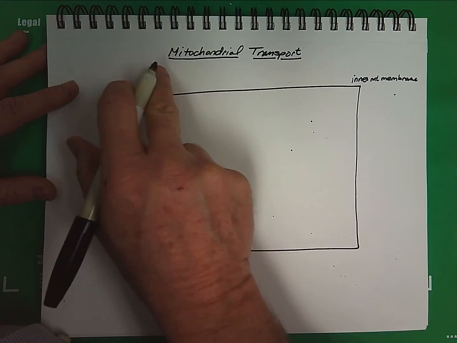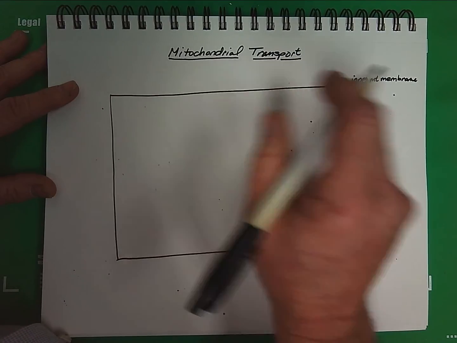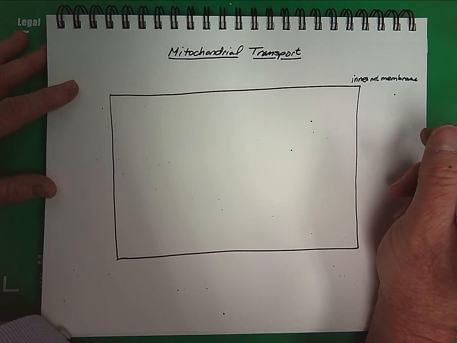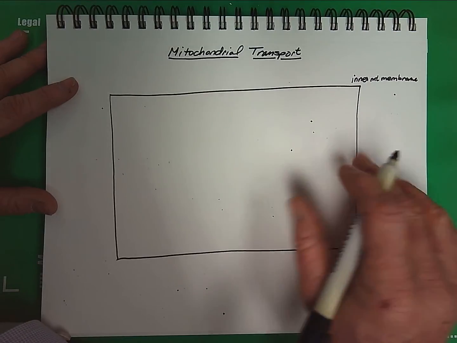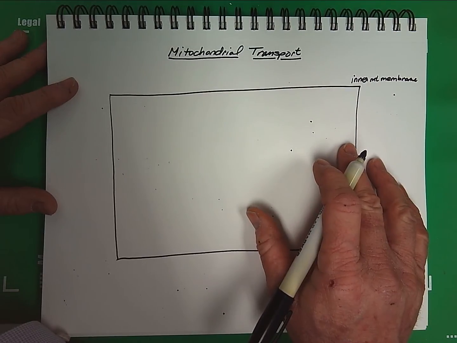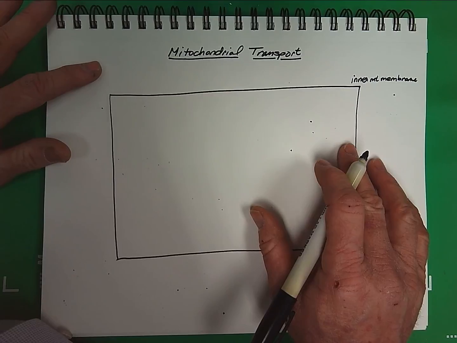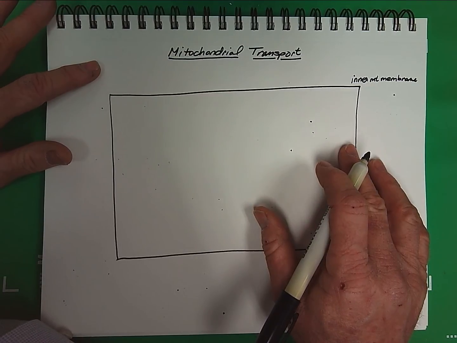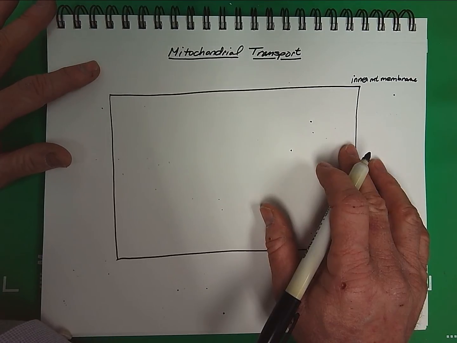The outer mitochondrial membrane has a porosity to it. There's pore proteins in there that allow proteins and small molecules that are less than 6,000 molecular weight to pass. So typically when we're talking about small molecule transport, we're not considering what is going on with the outer mitochondrial membrane because free diffusion moves very quickly through that membrane, through the pores.